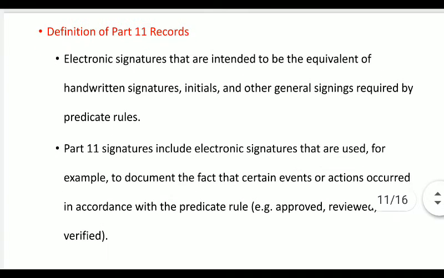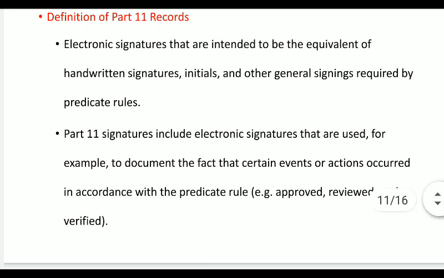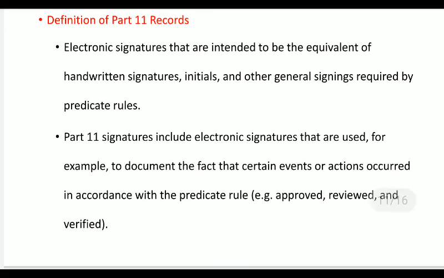Electronic signatures that are intended to be the equivalent of handwritten signatures, initials and other general signings required by predicate rule. Definitely when we are submitting data in electronic form, the authorized signatures are also submitted in electronic form.